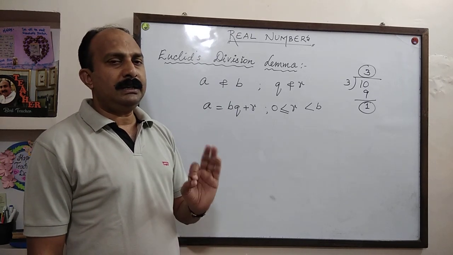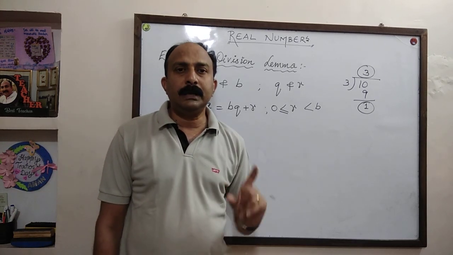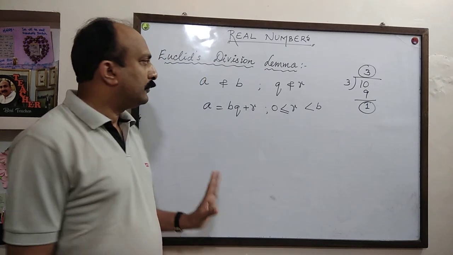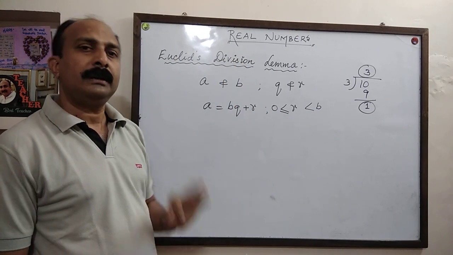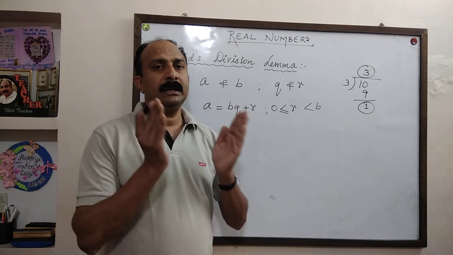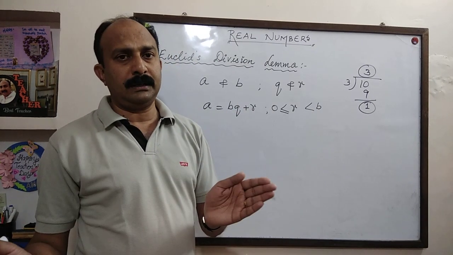So this is a rule that you might have studied again in a smaller class. Whenever we divide an integer by another integer, the remainder will be greater than or equal to 0 and less than the divisor. So the only thing is that a special name is given, but the thing is the same that you have learned in a smaller class. Dividend is equal to divisor into quotient plus remainder.